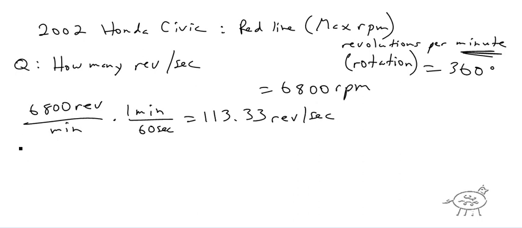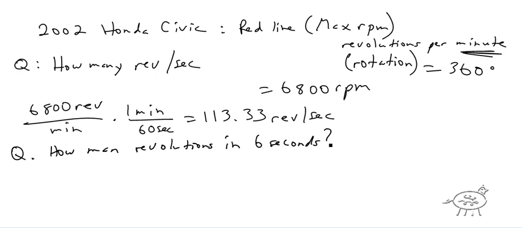Okay, so the next question is how many revolutions in 6 seconds? Well, that's just taking that number, 113.33, times 6 seconds.